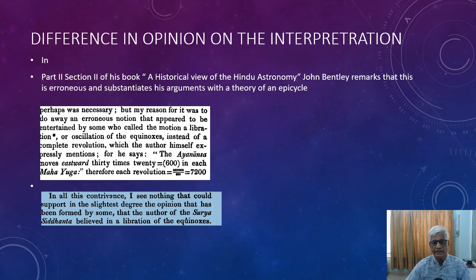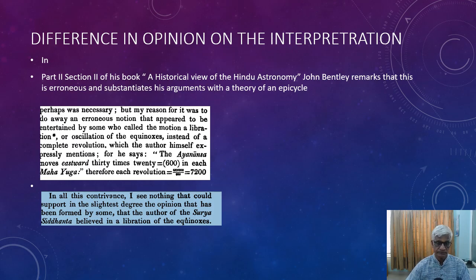John Bentley, in his book A Historical View of the Hindu Astronomy, remarks that the interpretation is wrong. There is an erroneous notion that appeared to be entertained by some who call the motion a libration of the equinoxes instead of a revolution.